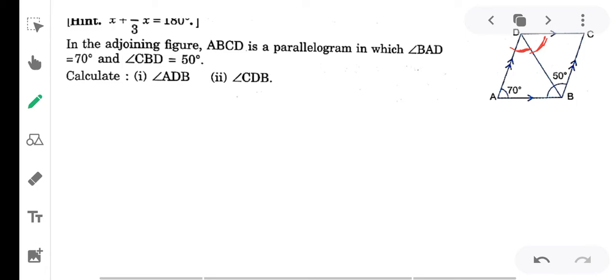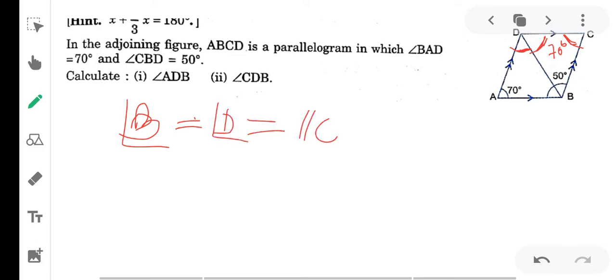Okay, if ABCD is a parallelogram, then this angle will be 70 degrees because angle A equals angle C. So angle A equals angle C equals 70 degrees, then angle B equals angle D equals how much? 110 degrees.